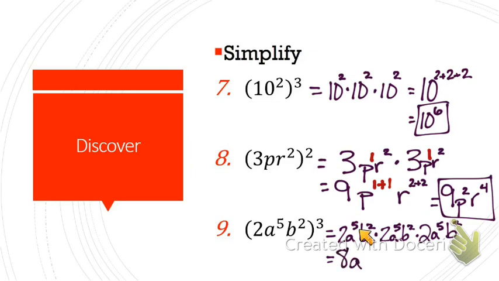A to the, and then if we count a's exponents, we have a to the 5th plus another a to the 5. B, we have b to the 2nd, b to the 2nd, b to the 2nd. I'm running out of room, so I'm going to write my answer over here. Looks like 8, a to the 15, b to the 6th.